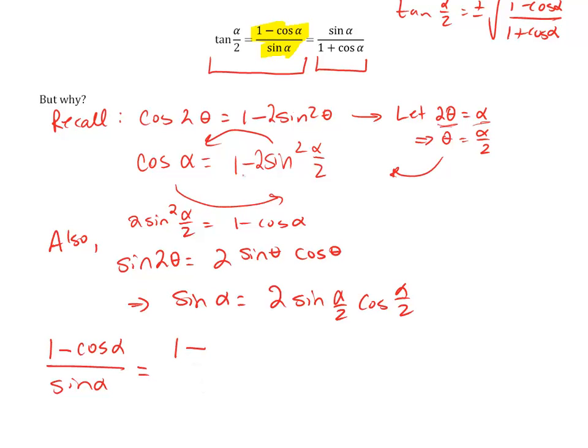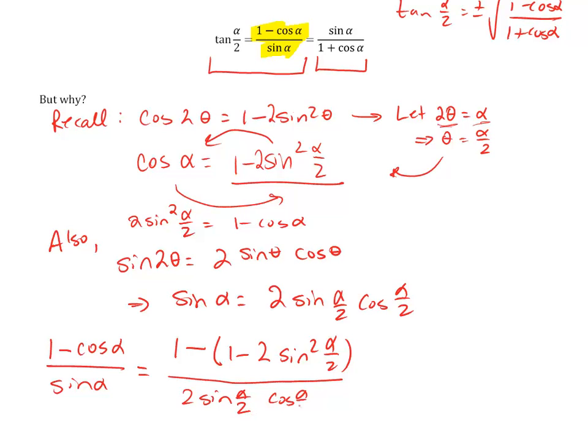Well, cosine of alpha, according to this, is 1 minus 2 sine squared of alpha over 2. And on bottom, sine of alpha is 2 sine of alpha over 2 cosine of alpha over 2. Now, if I distribute my minus sign on top, I'll have 1 minus 1 plus 2 sine squared of alpha over 2, divided by 2 sine of alpha over 2 cosine of alpha over 2.